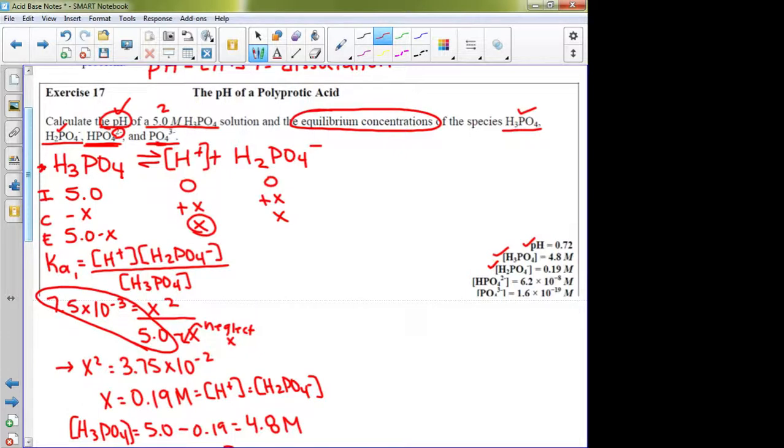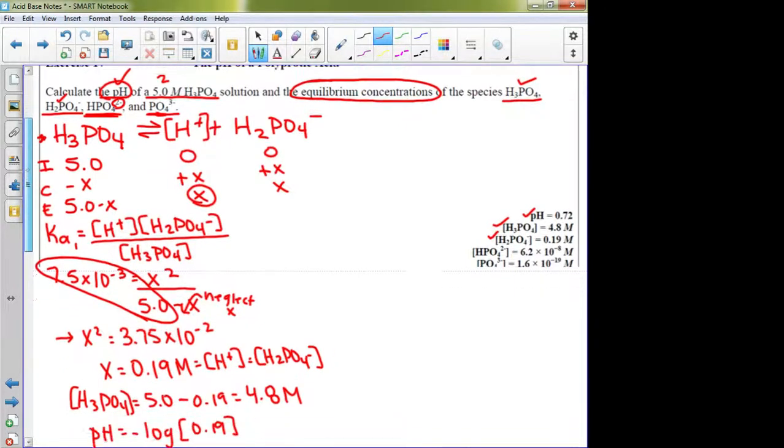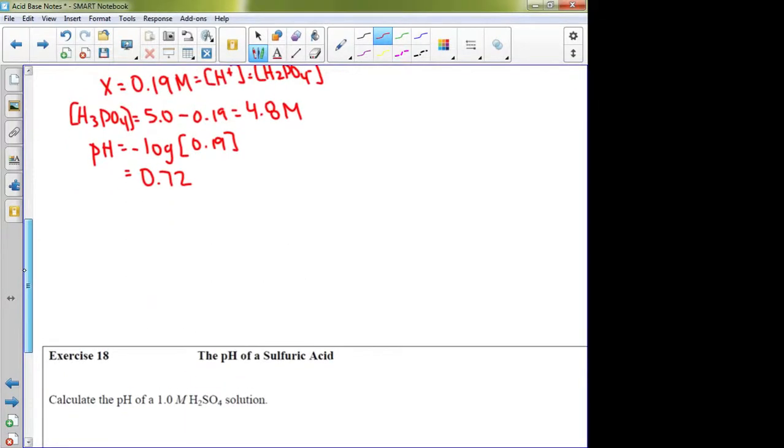A second dissociation. Okay? So now I'm going to have to show that. And so I'm going to come down here and show it. I'm going to run out of room pretty soon. All right, so now I would say, okay, so my second reaction is going to be H2PO4 negative goes back and forth into H positive plus HPO4 2 negative.